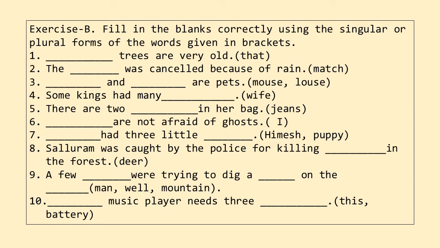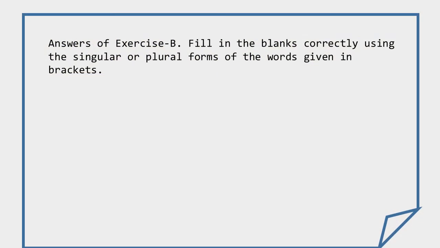Now we will look into the answers of this exercise B. So are you all ready with the answers of exercise B? Good. Let's start. Answers of exercise B. The words which are highlighted in red color are all the answers of these blanks. Number 1.